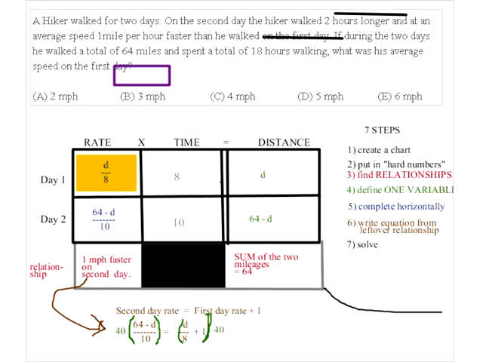So that gives you 4 times that's 256 minus d, 4d, equals 5d plus 40. So you wind up with 216 equals 9d, and so d is 24. And so then the answer you want is d over 8, which also works.